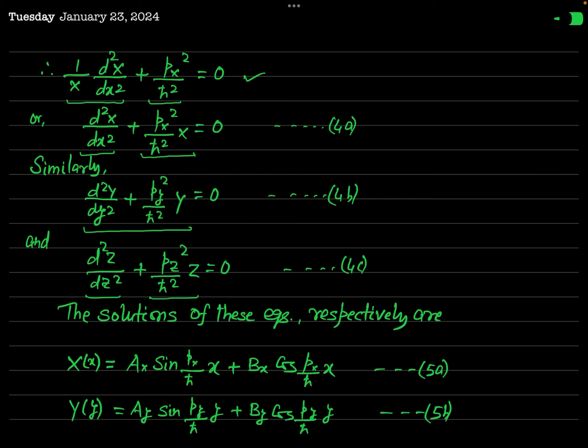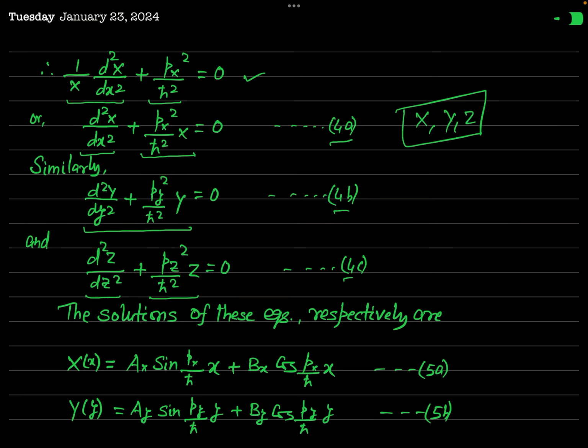Now all these three equations, obtained in 4a, 4b and 4c, are standard ordinary differential equations of second order. The form of these equations shows, as you have definitely studied in your course on mathematical physics, that the solutions X, Y and Z are oscillatory functions.